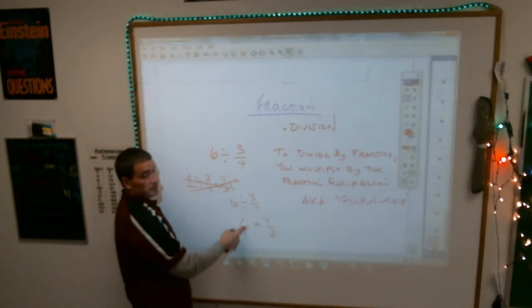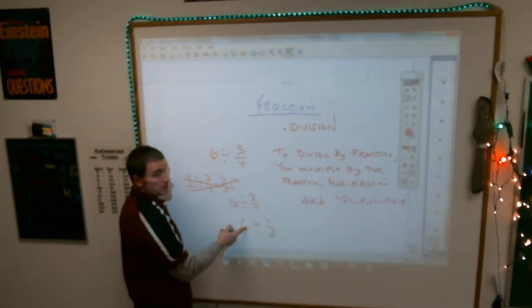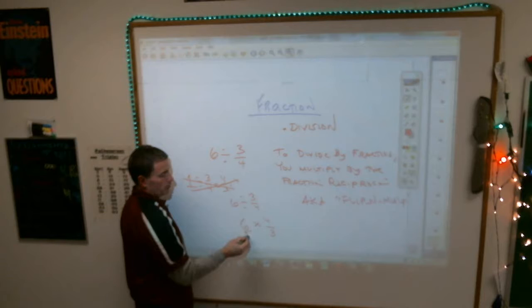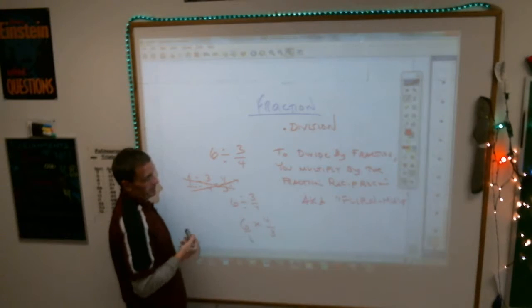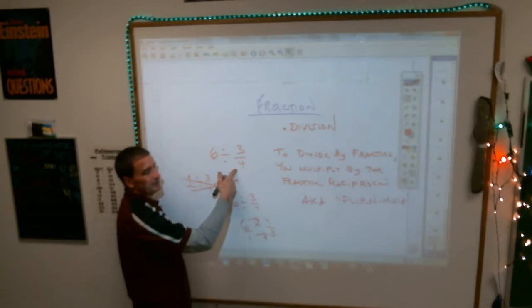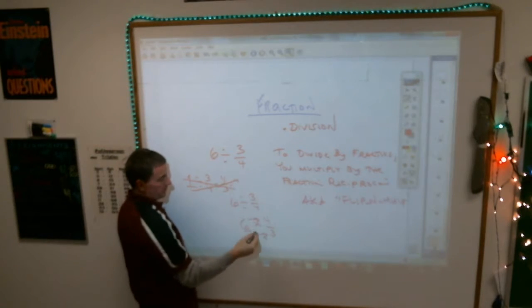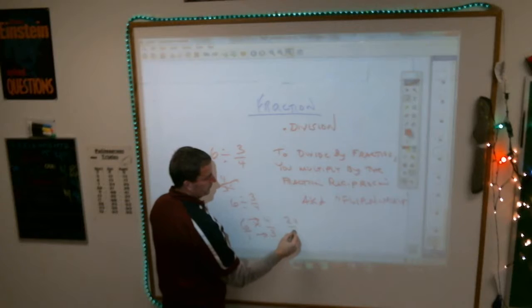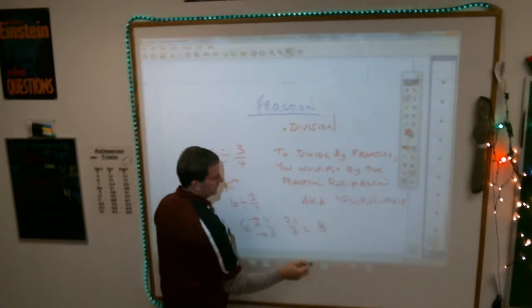But don't forget you need to make this a fraction, Parker, by doing what to it? 6 over 1. Put it over 1, and then that's just a multiplication problem. Boom. And it's always the second fraction you flip. So this would be 24 over 3, which simplifies down to 8.